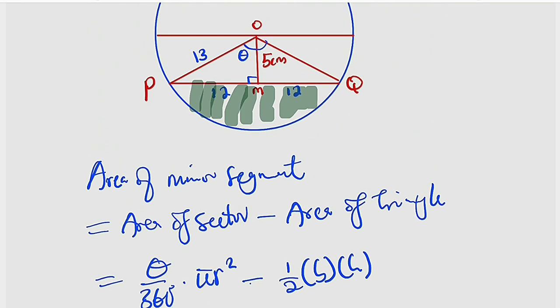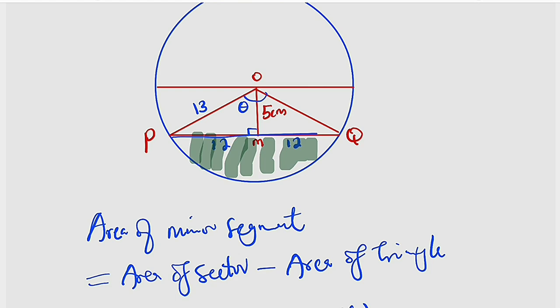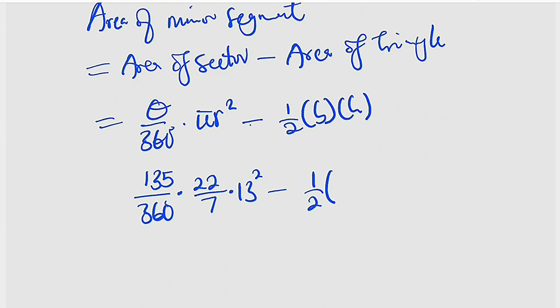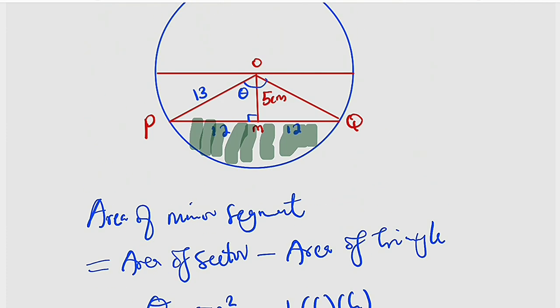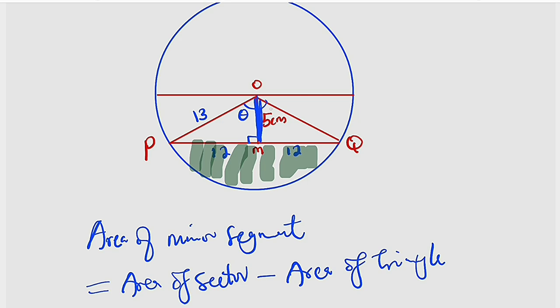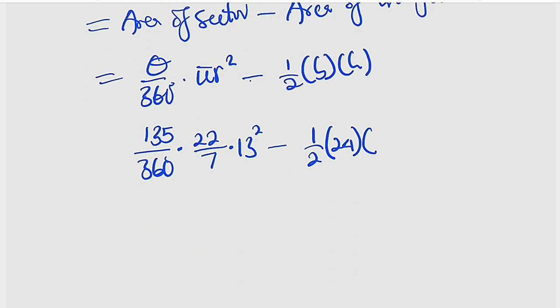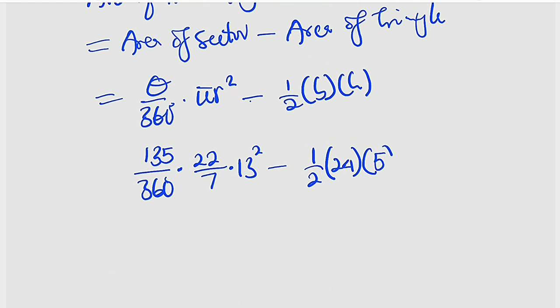What is the base of that triangle? This is the base of the triangle. That is the length of the chord, which is 12 plus 12, which is 24. So this is 24. Then the height of that triangle is this 5 centimeters. So we have 5 right here.